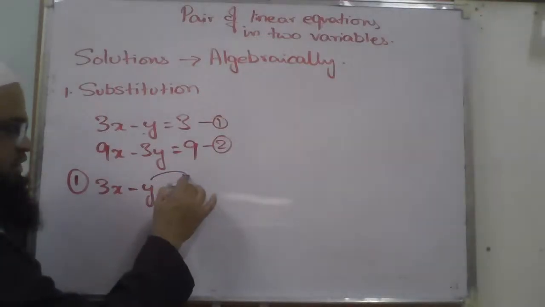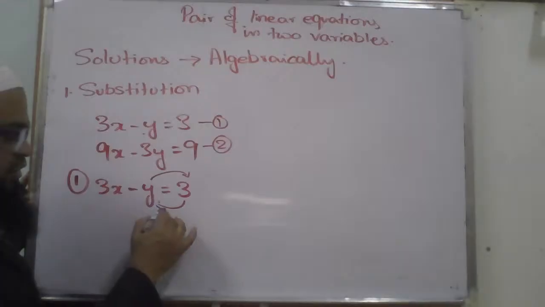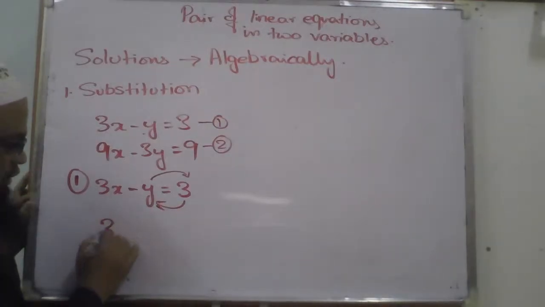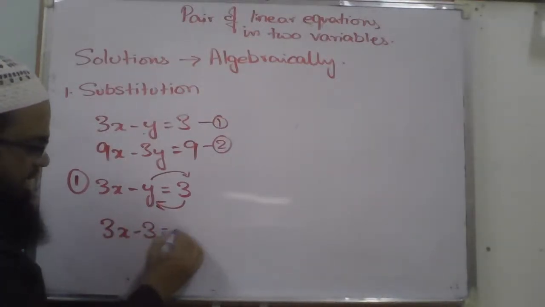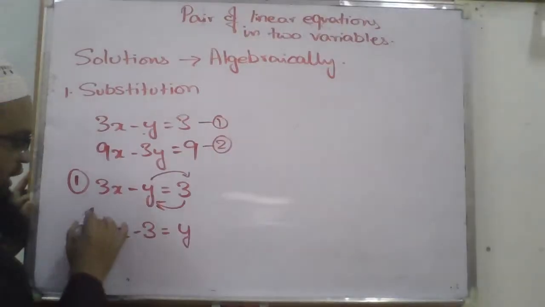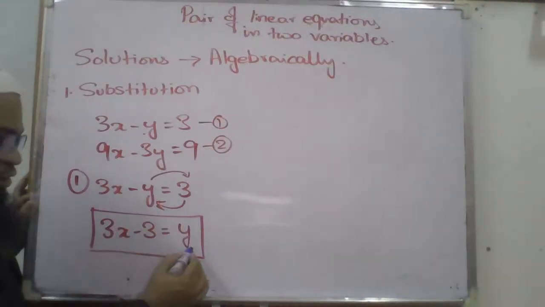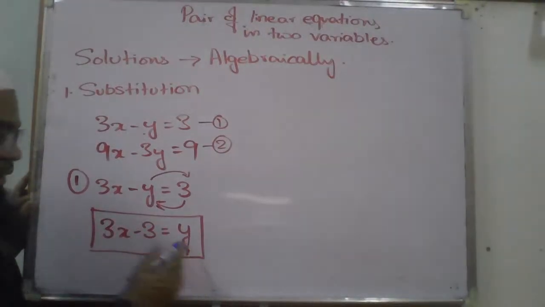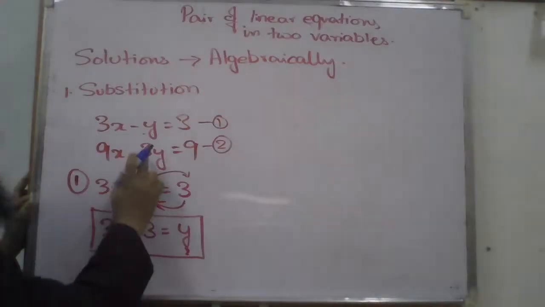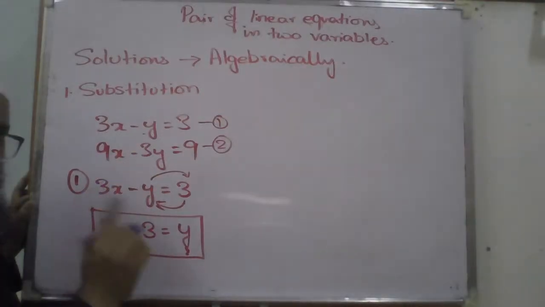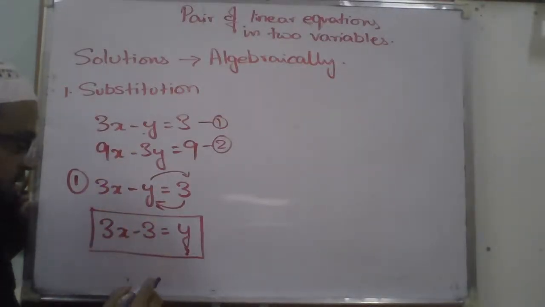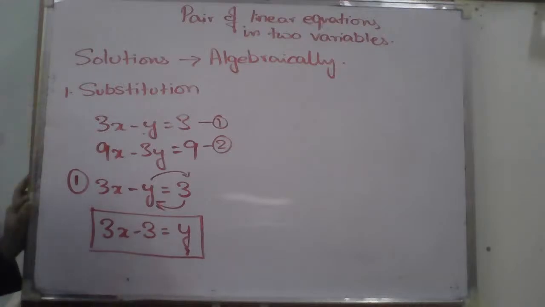So transpose this to the other side and bring the 3 to the left hand side. So 3x minus 3 is equal to y. In this manner, now you can substitute y is equal to 3x minus 3 in the second equation. What is the benefit of it? You will not get any fraction.